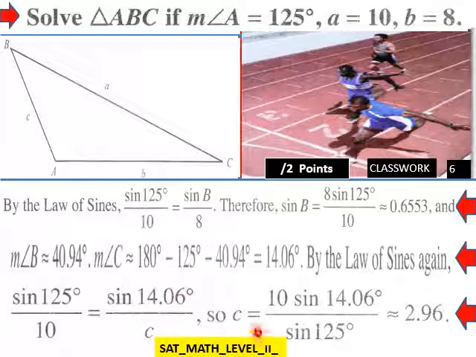So c will equal 10 sine 14.06 over sine 125, which comes out to 2.96 for the measure of this side. So we have to use the law of sines twice when we have a situation like this to completely solve this triangle, coming up with all the side lengths and the angle measures.